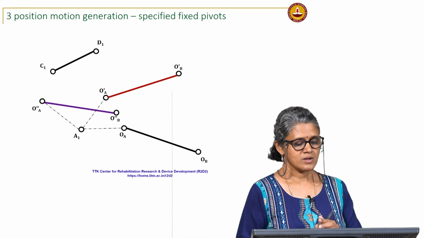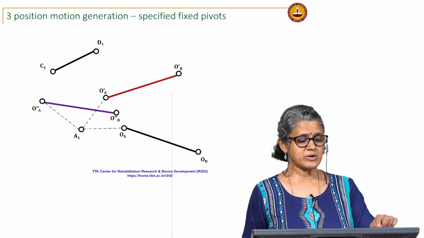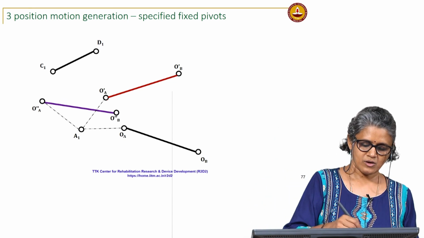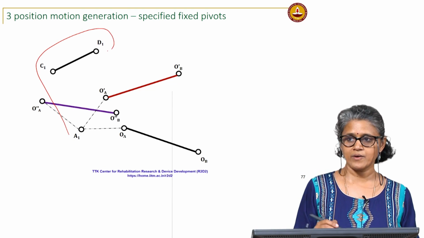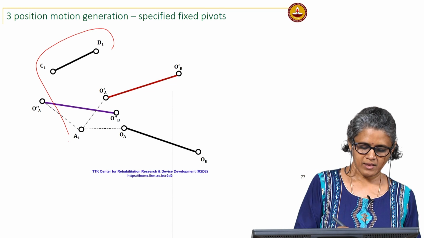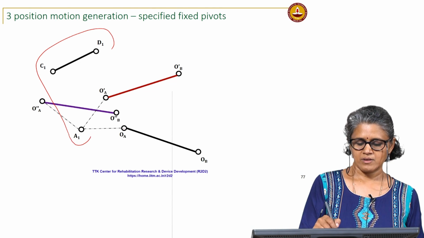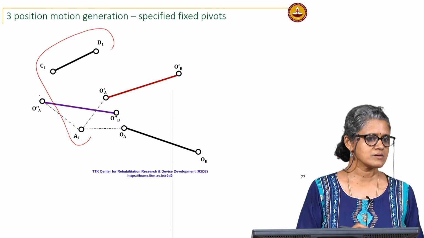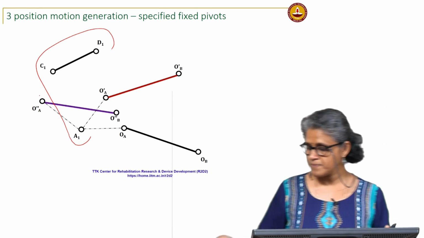So the point A1, if it was located on this body, okay, would be the point about which OA moves about a circle. Okay.